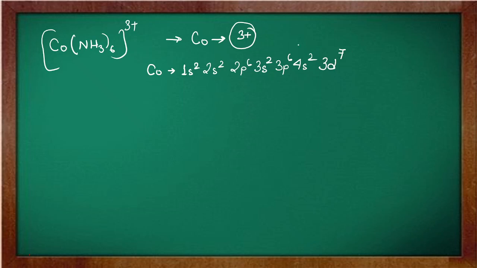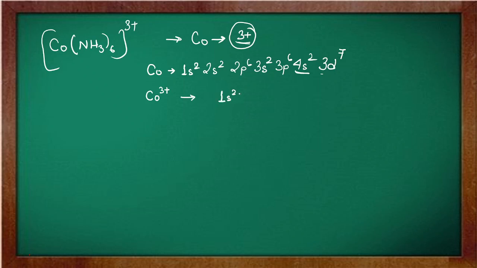So now here your cobalt is in the 3 positive state. When it is in the 3 positive state, it means that 3 electrons are fewer than the usual. Now if you remember what I said in your previous class, firstly the electrons will go from the s orbital and then from the d orbital. So cobalt in the 3 positive state will have 3 electrons less.